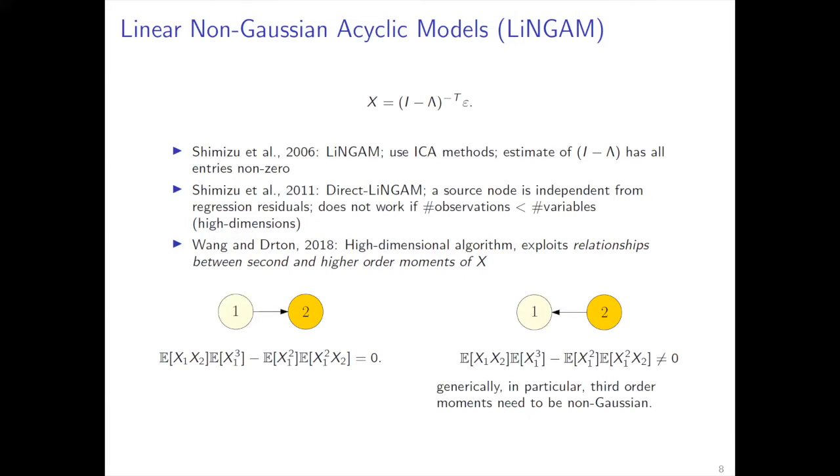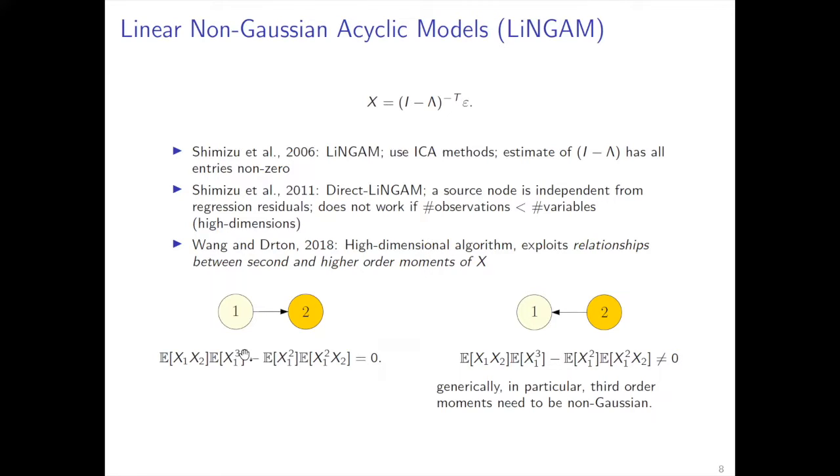And so here is an example. We have our two graphs, one causes 2 and 2 causes 1, and these would generally be indistinguishable. But if you are sufficiently non-Gaussian, which I'll explain, then you can. So consider this equation. I'm assuming that my random variables x1 and x2 have mean 0. These are their covariances, the second moments, what I call the covariance matrix. So this is the 1,2 entry of the covariance matrix, the 1,1 entry of the covariance matrix. It's the third moment.